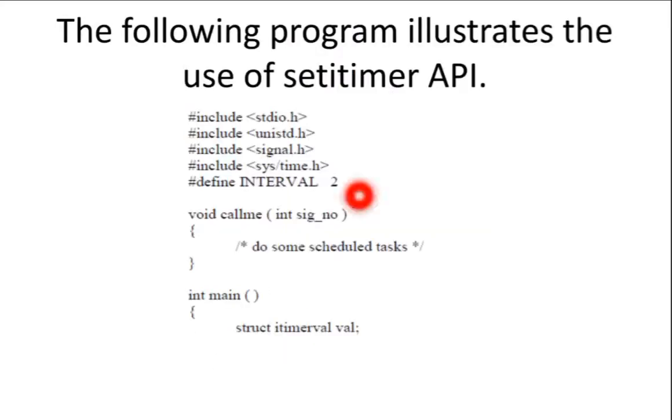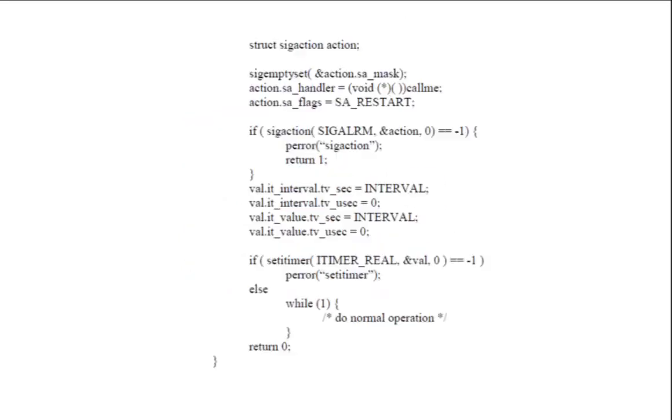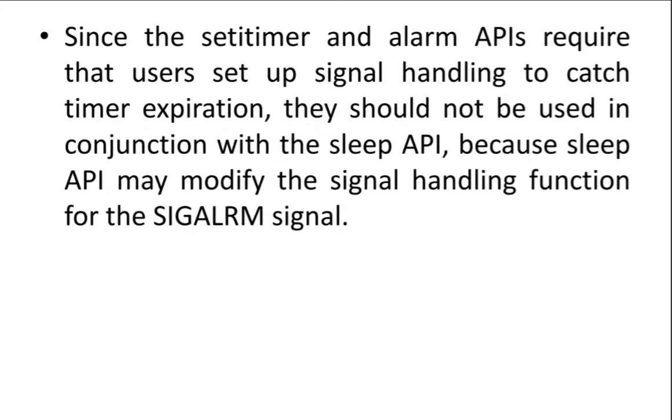What is that? The call me function. So you can do the scheduled task for the amount of time specified in the interval. Don't use the set timer and the alarm API in conjunction. Use any one at a time, either set timer or alarm API.